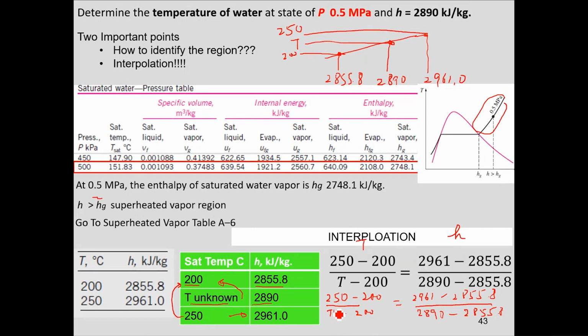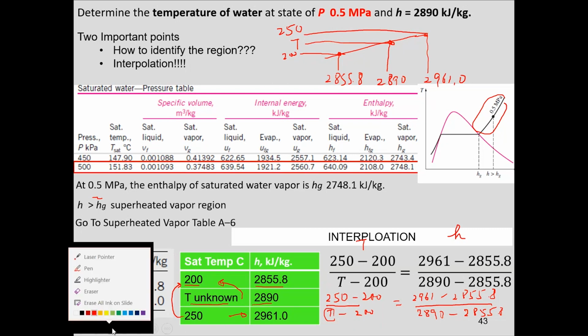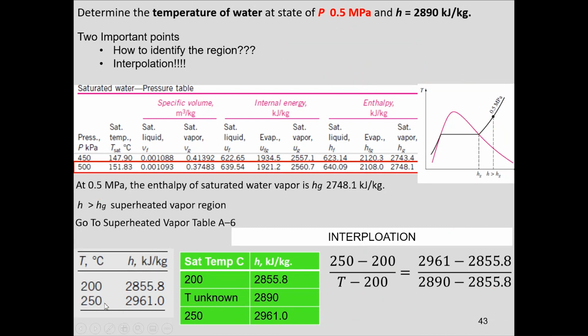This equation would give me a value of T which would lie somewhere between 200 and 250, the linearly interpolated value for the temperature, which comes out to be 216.3. This corresponds to the enthalpy value of 2890. Is this point clear to you?